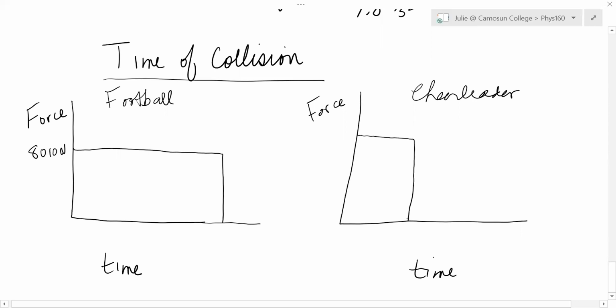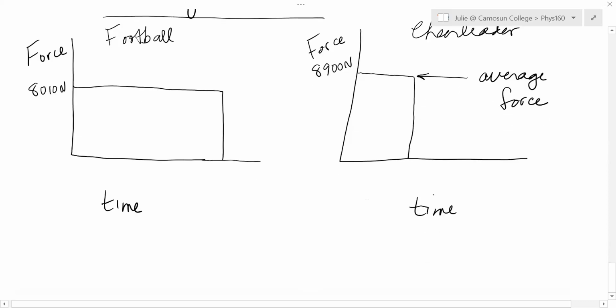Now with foresight here, I know this one goes like this. Now, how do I know that? Okay, so this is average force, this line here. This is average force. And the reason I know that this one, the cheerleader, stops before, this is the time of contact, is because the area of these two rectangles represents the change in momentum.